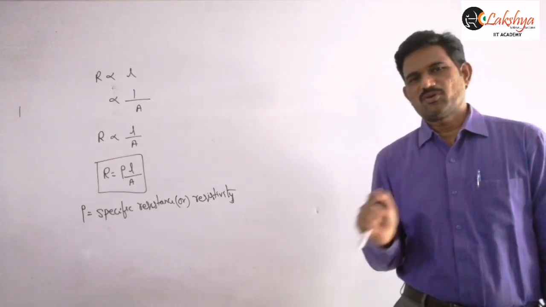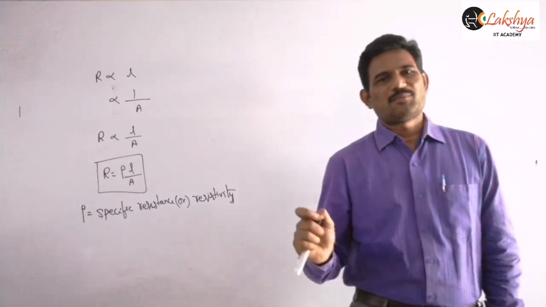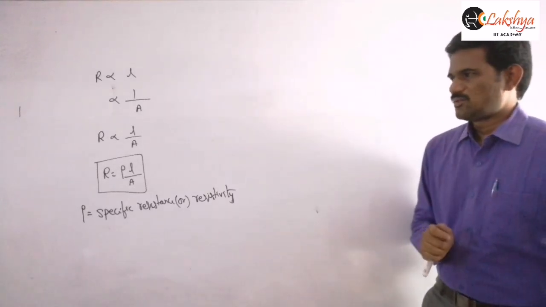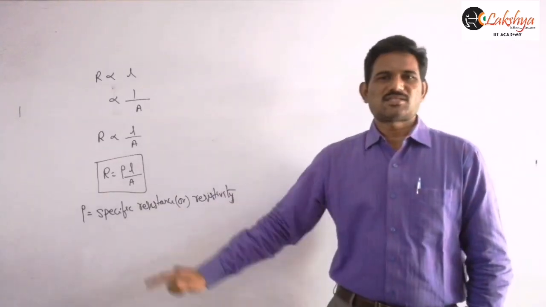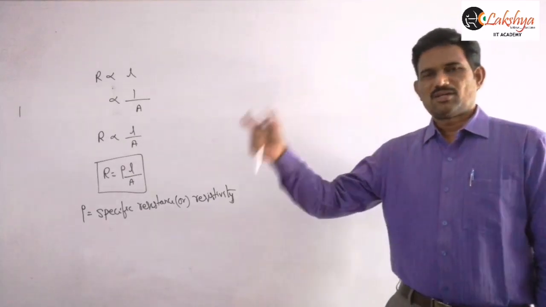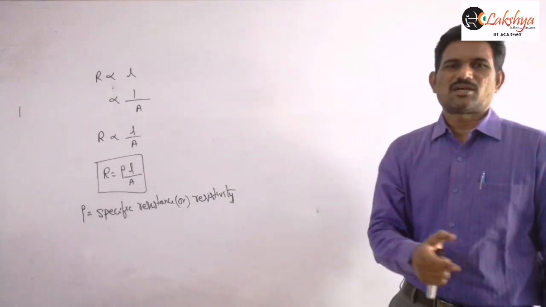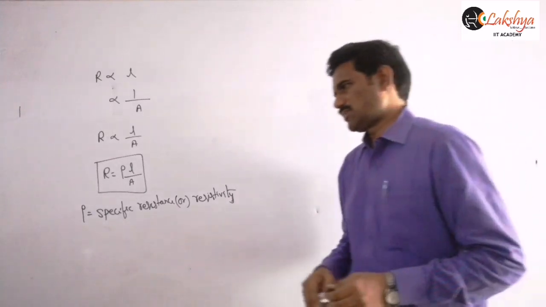That is the important point, underline that. It does not depend on the dimensions. So that is a major difference between resistance and resistivity. The resistivity is independent of the dimensions and the resistance will depend on the dimensions, right?